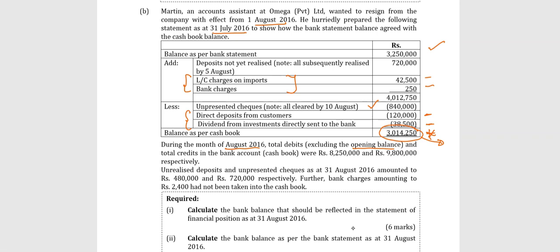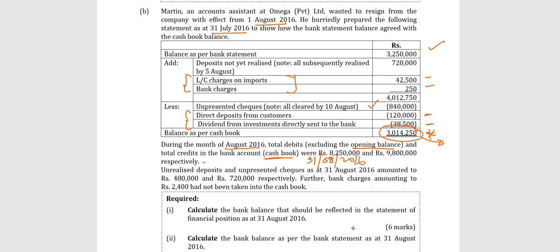And total credits in the bank account cash book were 8,250,000 and 9,800,000 respectively. So you are given the total debits and total credits in the bank column of the cash book, and thereby you can identify the closing balance as at 31st August 2016.